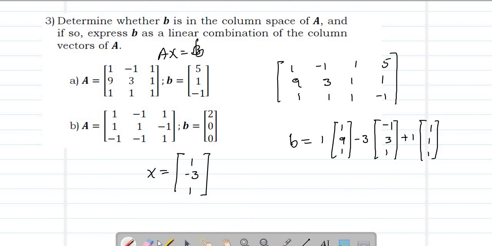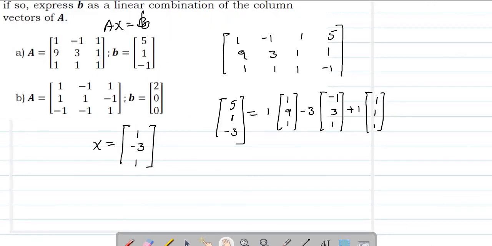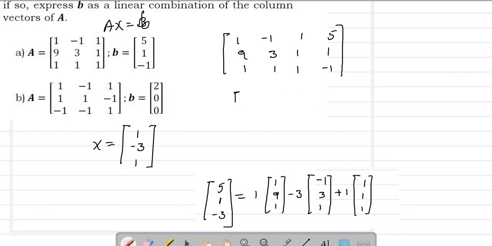That's exactly B, which is nothing but (5, 1, -3). I can also tell you the reduced echelon form of A here: 1 0 0 1; 0 1 0 -3; 0 0 1 1. So this is the reduced echelon form of A.